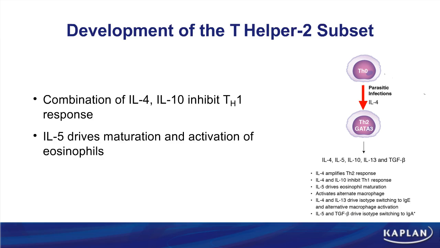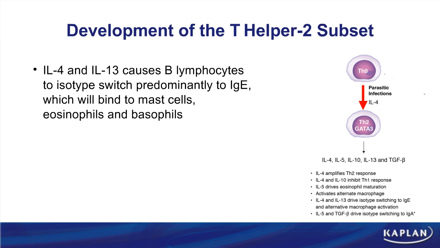What about IL-5? And again, I'm hoping by this point y'all know what IL-5 does. IL-5 is going to drive development and activation of our eosinophils, which are going to be one of the principal cells of a Th2 response. Another cell that will be affected here are our B cells. When I have IL-4 and IL-13, that is going to influence a B cell to undergo class switching to IgE.